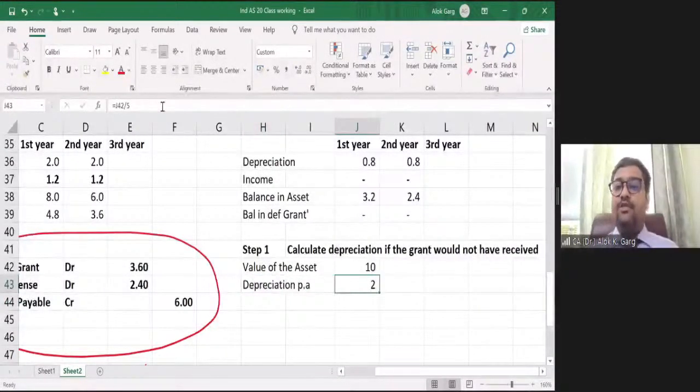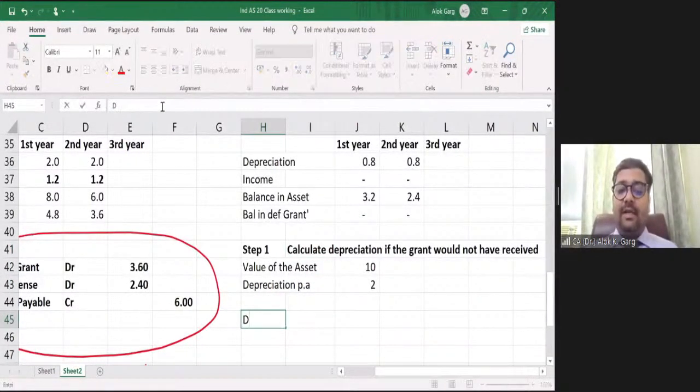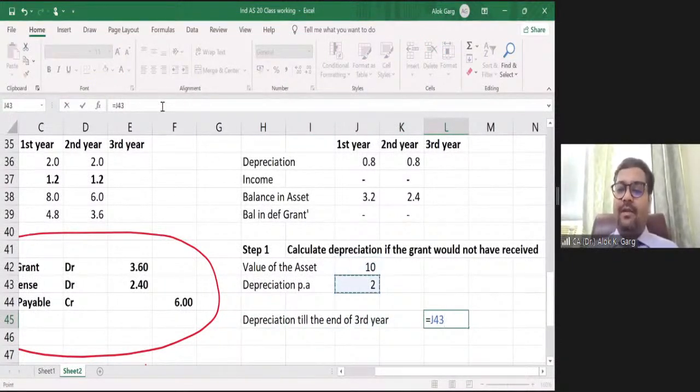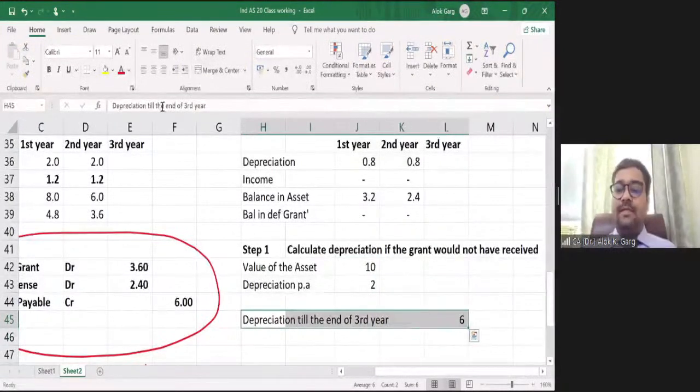So calculate depreciation if the grant would not have received. Then the depreciation till the end of third year. What will be the depreciation till the end of third year if the grant would not have received? 2 multiplied by 3, which is 6 lakhs, of course. So the depreciation till the time of repayment of the grant, till the time of third year, it is 6 lakhs.